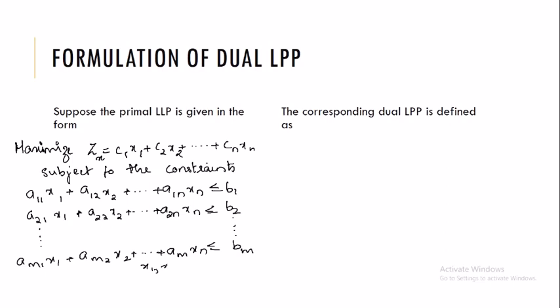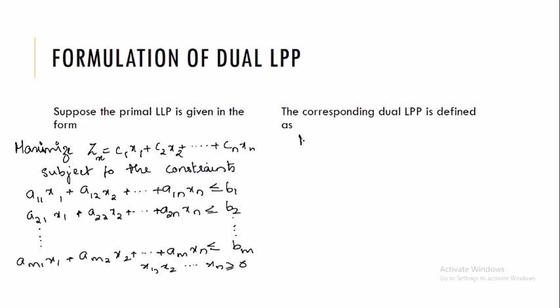Here x1, x2, etc. xn all are greater than or equal to 0. Now if this is the primal LPP, what is the corresponding dual LPP and how will you define that?